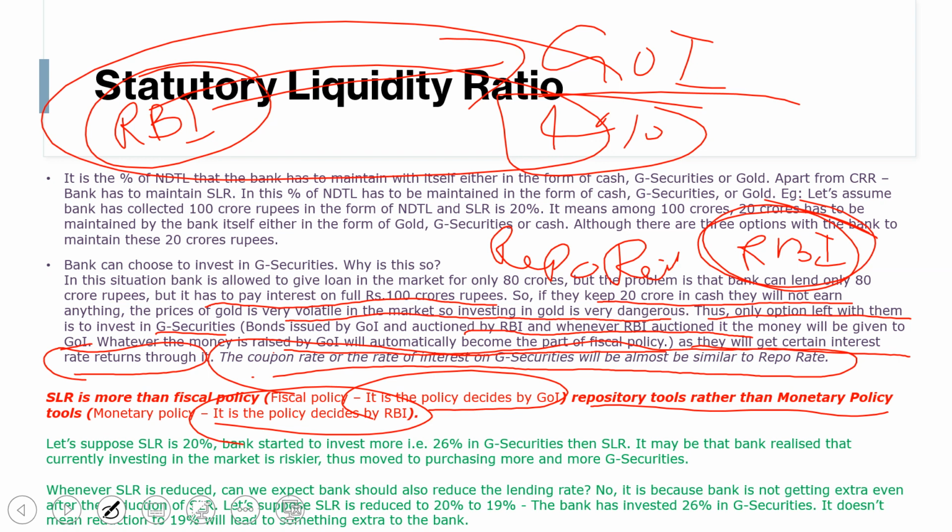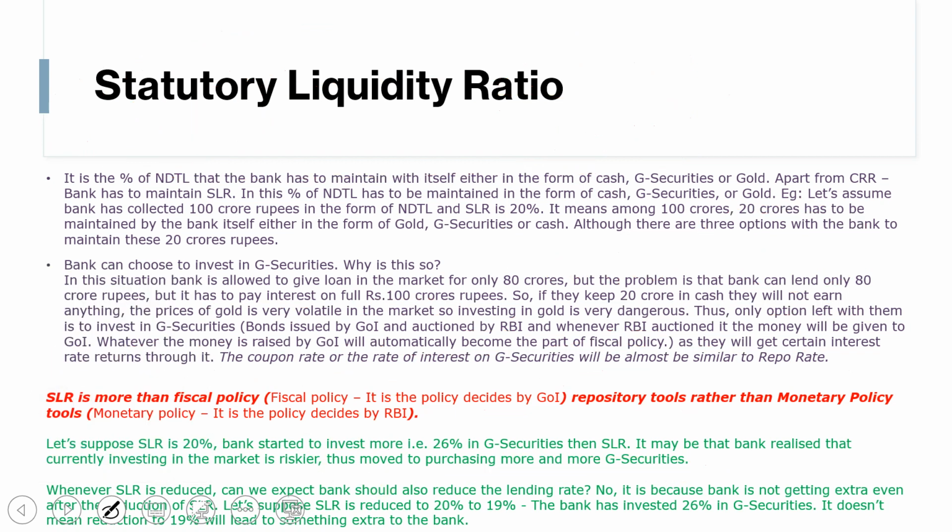Now there is one example that is given. Let us suppose SLR is 20%, and the bank started to invest more than 26% in G securities. It may be that the bank realized that investing in the market is currently scarce, and thus moved to purchasing more and more G securities. I just want to tell you that it is not like the bank cannot take G securities more than 20% when the SLR is 20%.